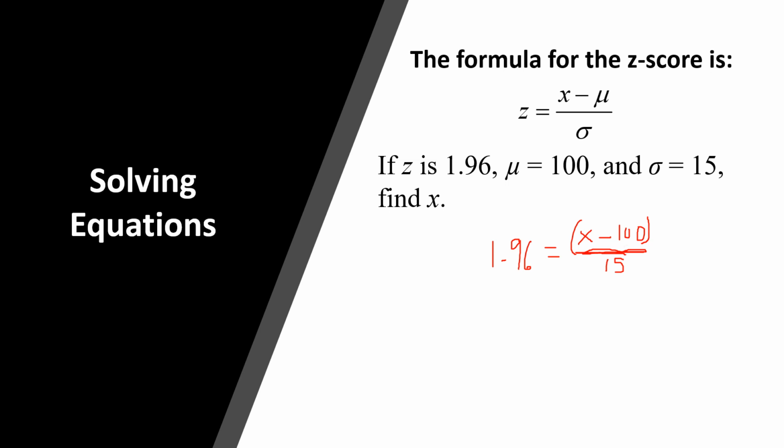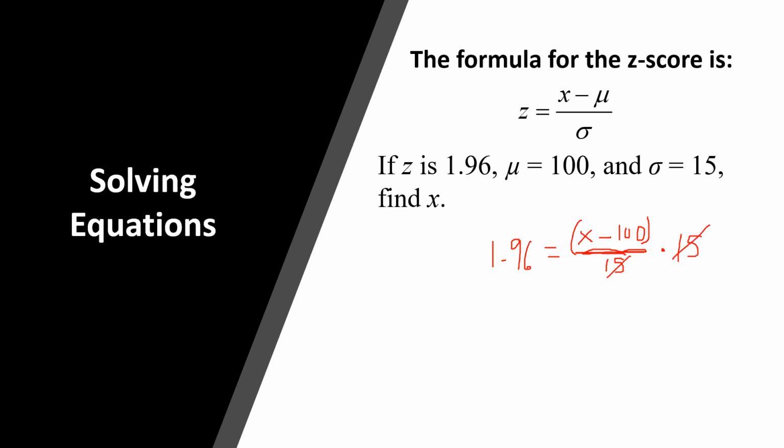So for solving an equation, we have to get rid of the 15 because that's division, first, before we get rid of the grouping symbols. So our first step in this case is we need to multiply both sides by 15.